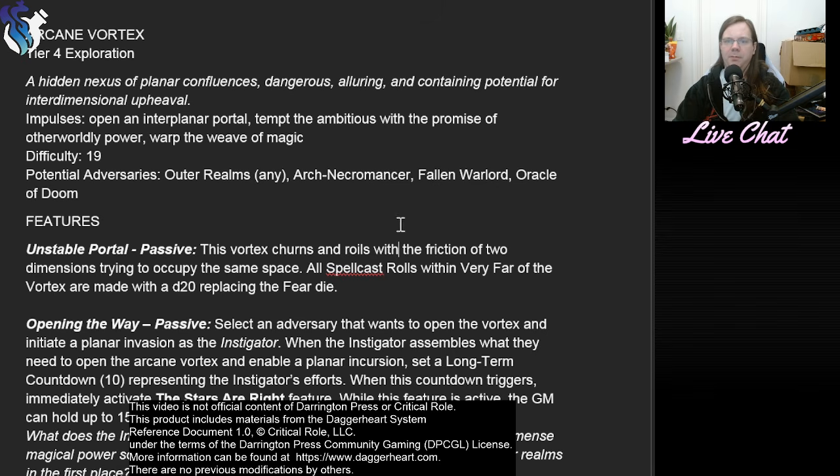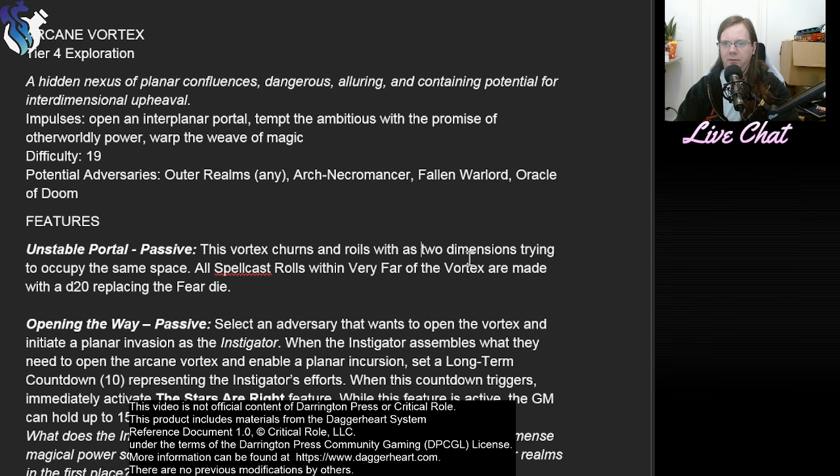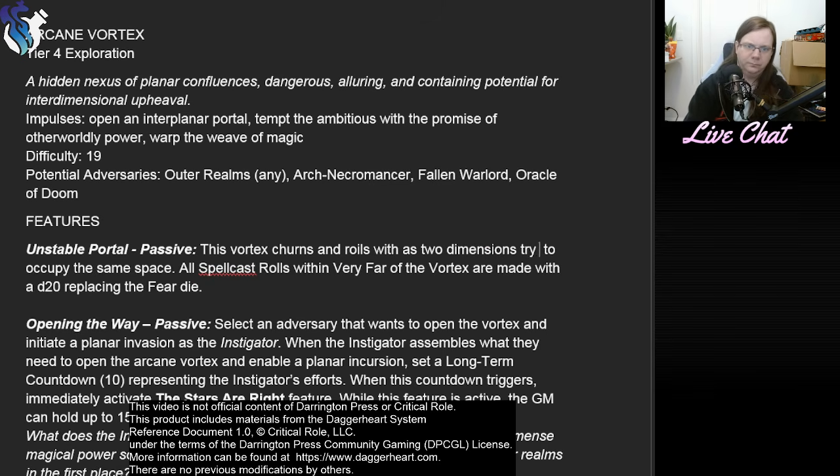If I do it this way, I'm going to say churns and roils with the friction of 2 dimensions. Well, churns and roils from the friction doesn't sound as good to me. With the friction as this vortex churns and roils as 2 dimensions try to occupy the same space.